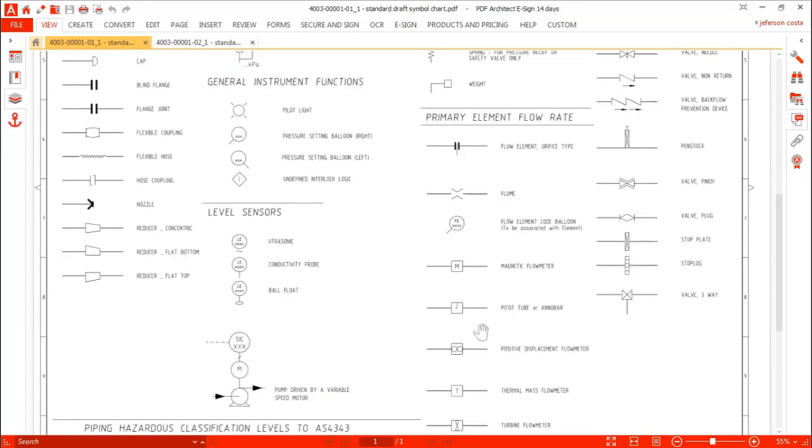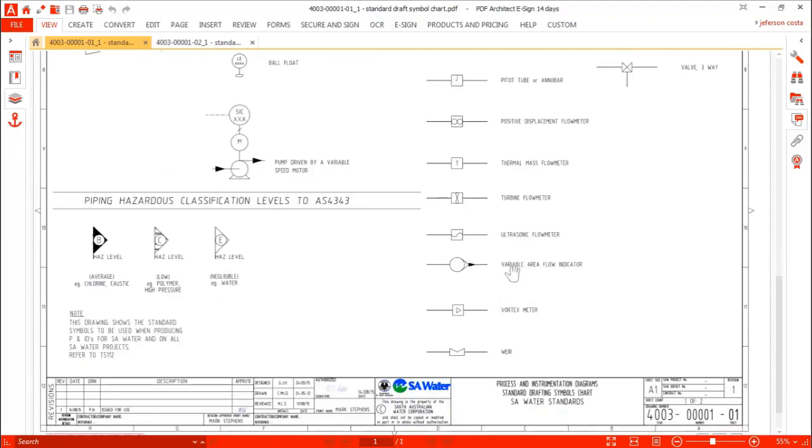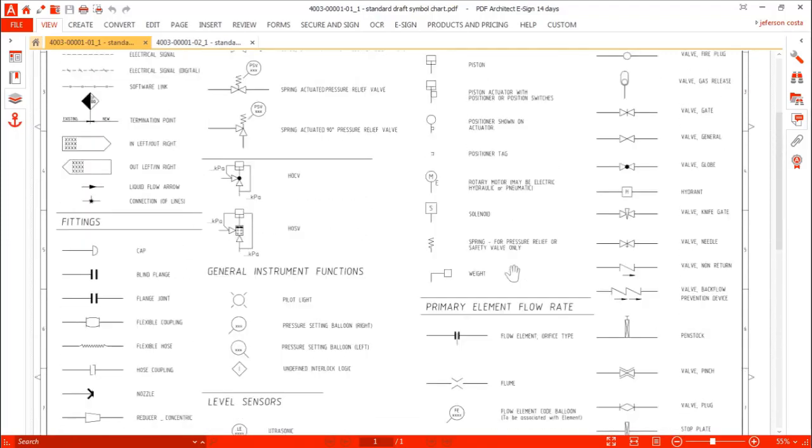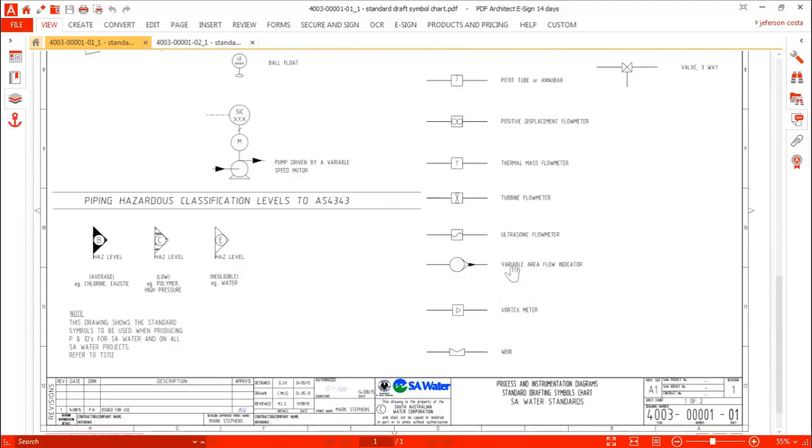For instance, if I see this in the P&ID, I know that it is pitot tube type, and on the other hand, this is magnetic flow rate, and the kind of primary element for flow rate will depend on your fluid in your pipe. And we have almost all designations that you need to start reading your P&ID.